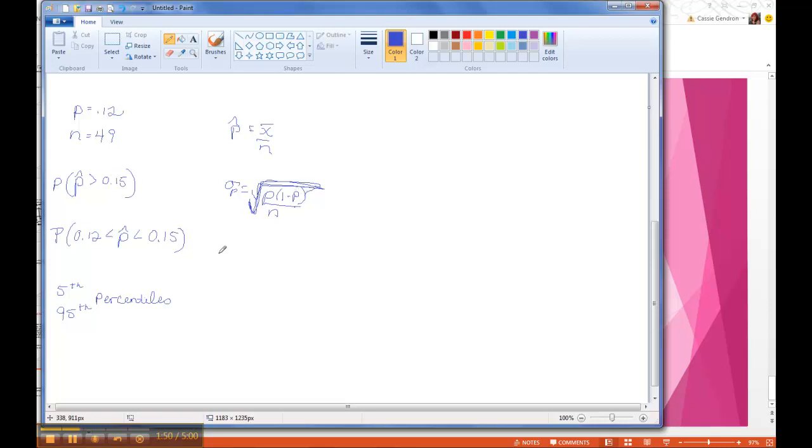And we need our z formula, which is p hat minus p, over the square root of p times 1 minus p divided by n.